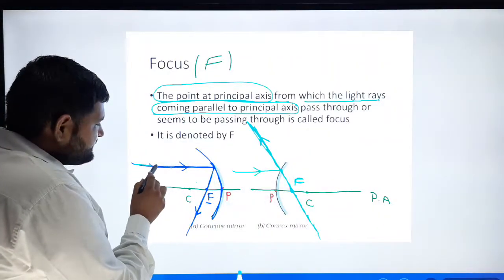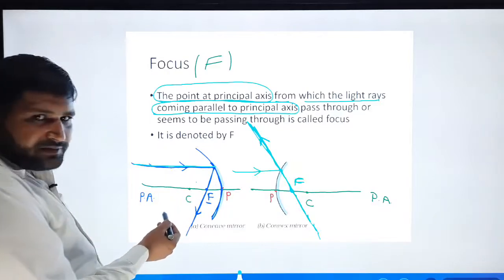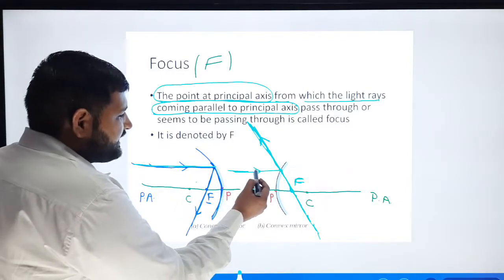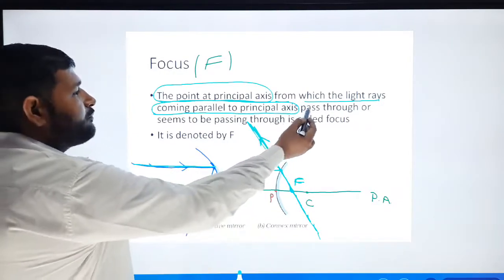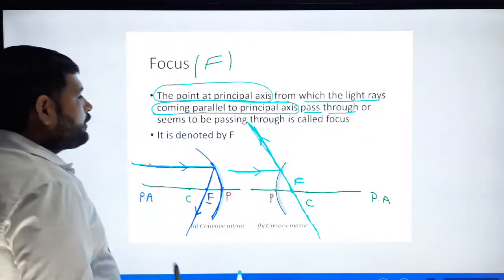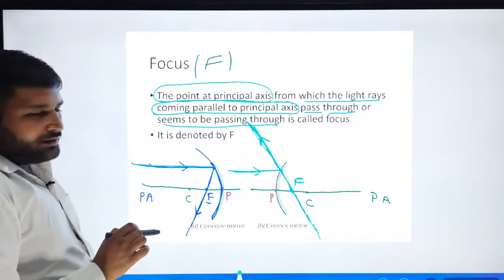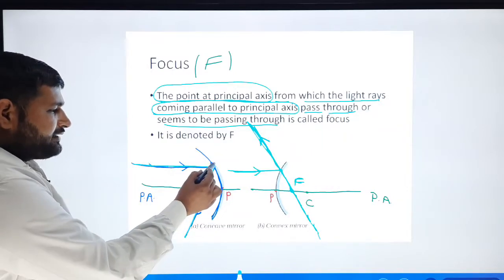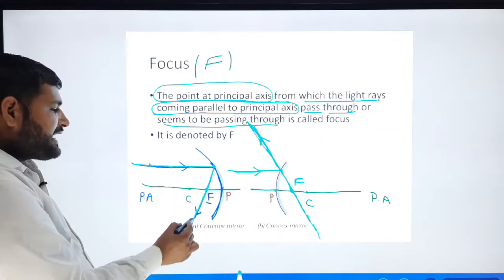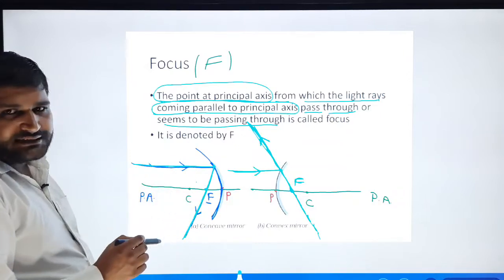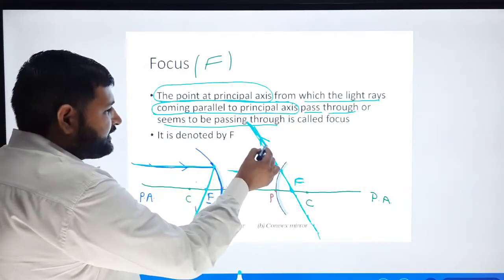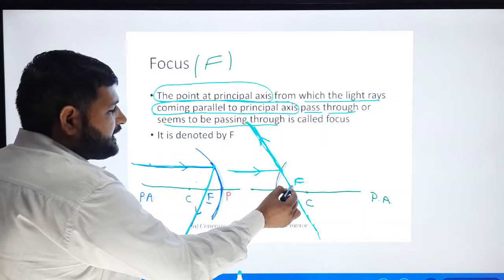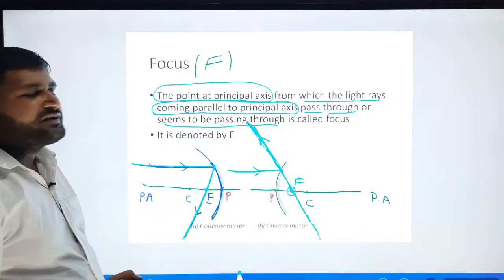In this case, these incident light rays are parallel to the principal axis, and this is the same in this case: they pass through, or seem to be passing through. Pass through in the real sense. These reflected light rays are passing in reality through the focus, while these light rays seem to be passing through this virtual point of intersection.